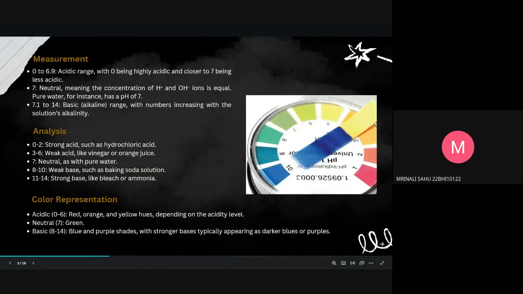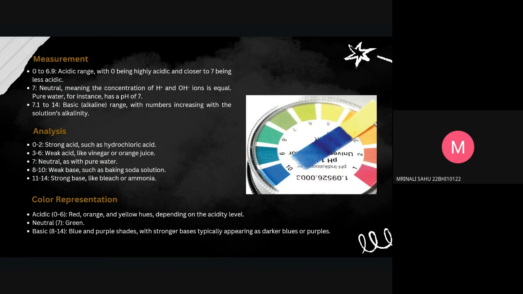Okay, let's see the measurement of pH. From 0 to 6.9, it's the acidic range. 7 is neutral, and from 7.1 to 14, it's the basic range. Let's see the analysis. From 0 to 2, strong acid, for example, hydrochloric acid.